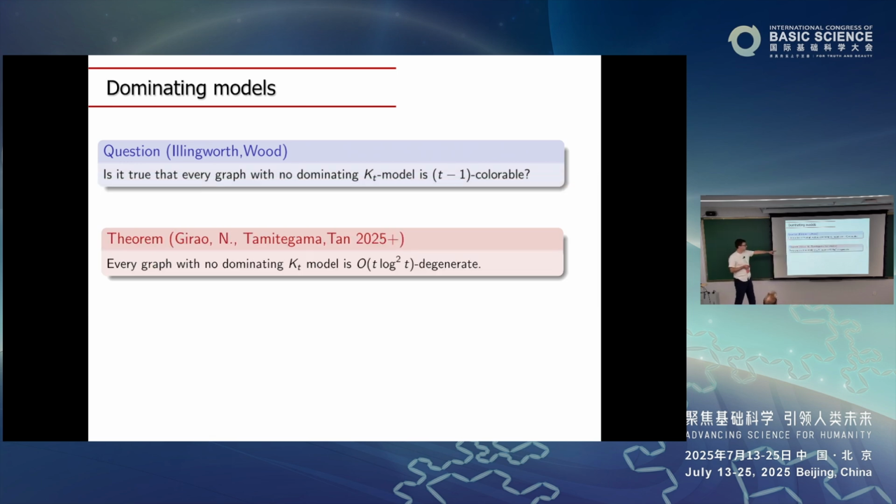One thing that we can prove is that if there is no dominating KT model, then the graph is T log squared T degenerate. So this might be false, but it's not terribly false. We are still within a polylogarithmic factor. So that's another direction. And this last challenge, I hope, is the most doable.